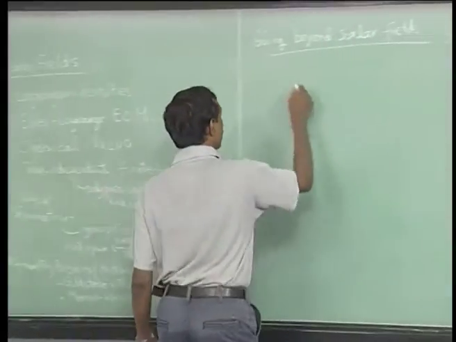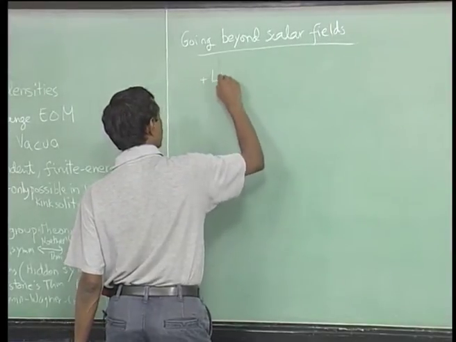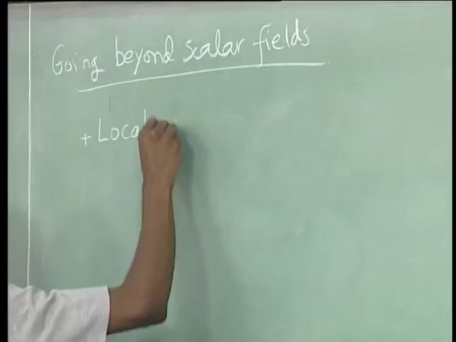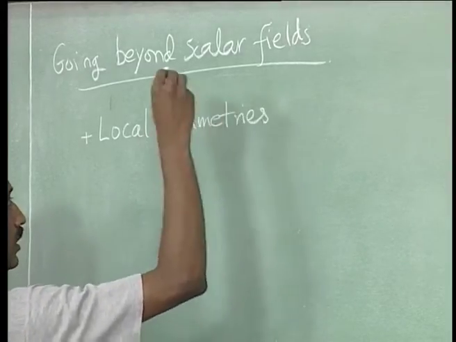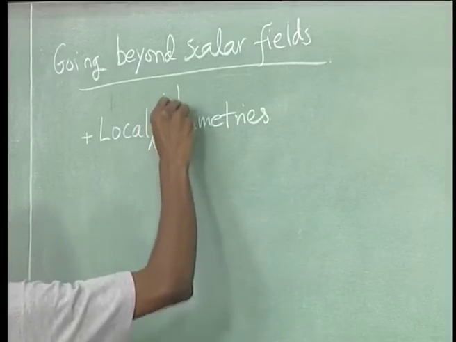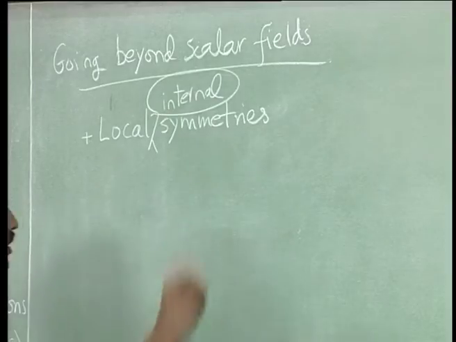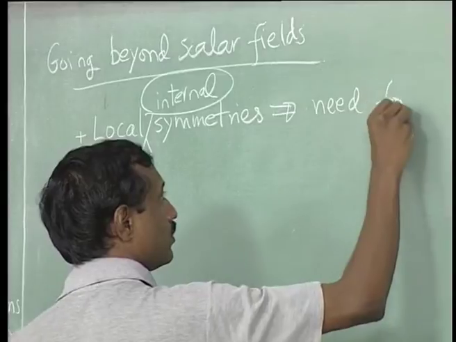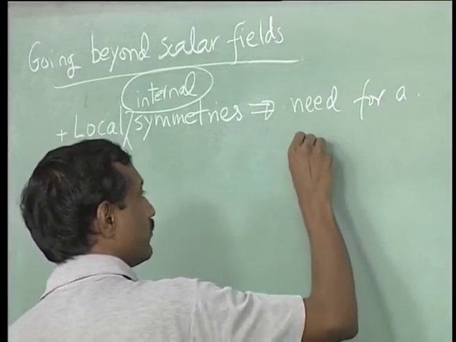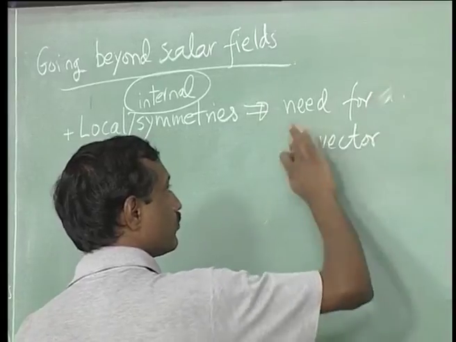So the route we followed is to look at local symmetries. We only looked at internal symmetries, and this implied the need for a gauge field, or a vector field.